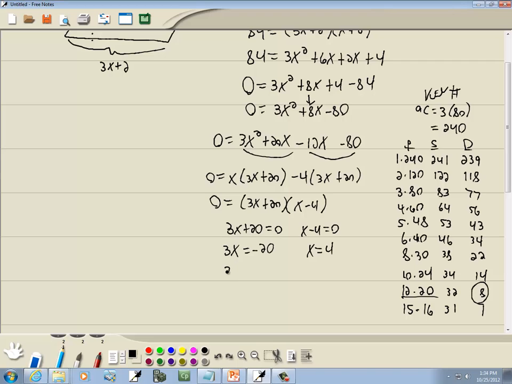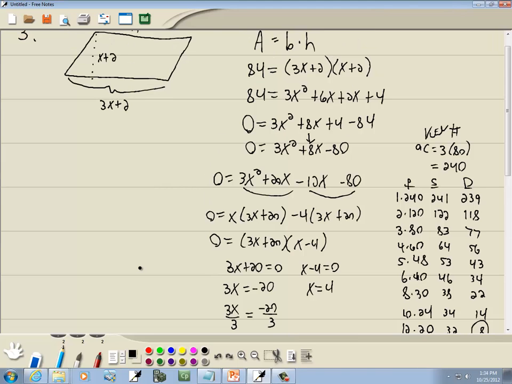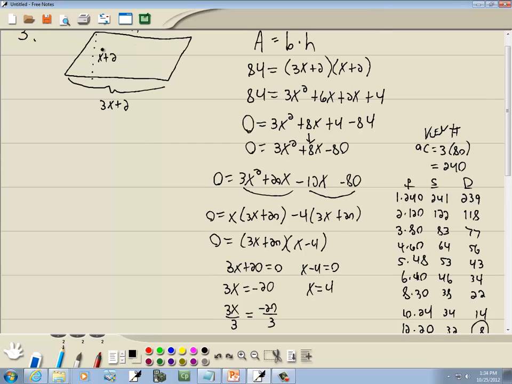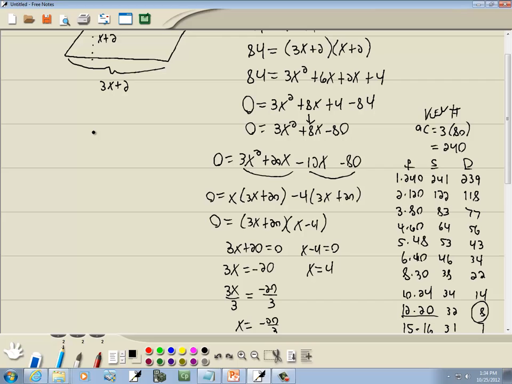But let's continue. Divide both sides by 3, and we get x is equal to negative 20 over 3. Now, a negative number down here isn't necessarily bad, but if I plug it in up here, I would get a negative distance. So I can't have that. So the only one I'm going to be worried about is x equals 4.